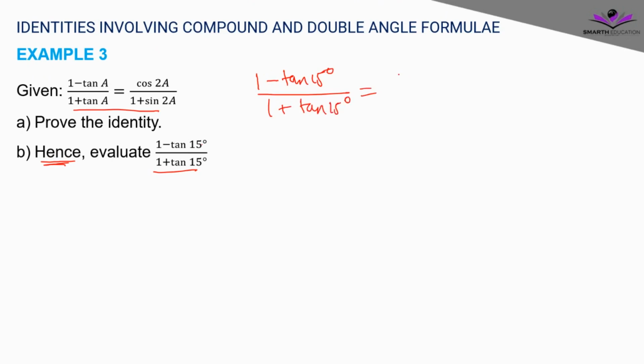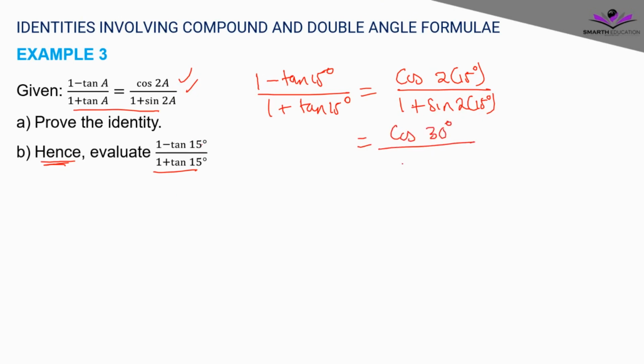It's just the same as cos 2 times 15 degrees over 1 plus sin 2 times 15 degrees, because we proved this. Okay, so this is equal to cos 30 degrees over 1 plus sin 30 degrees.